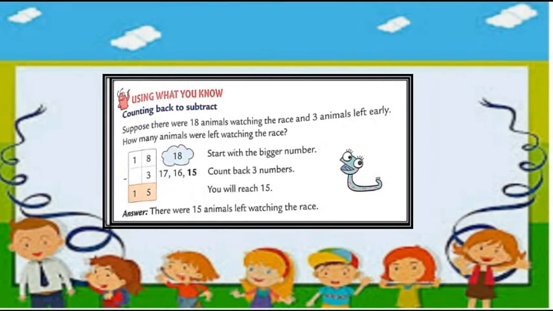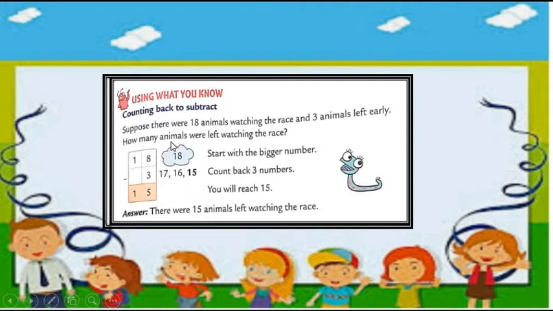After learning subtraction sums, we learn about counting back to subtract. Here we are going to know how we can make subtraction by counting backward. Suppose there were 18 animals watching the race and 3 animals left early.